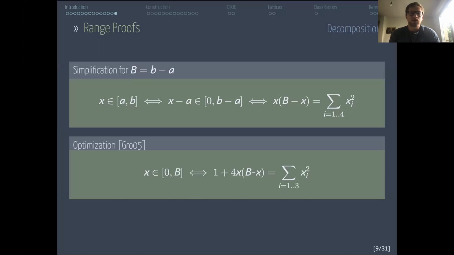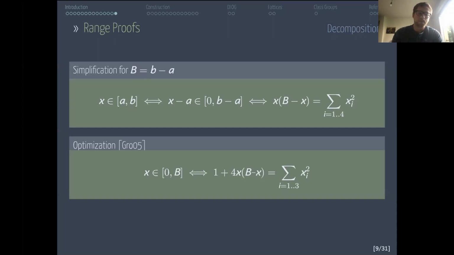And now there is one optimization, which was already used in a paper from Jens Groth in 2005 at AsiaCrypt, I think. First of all, we know from number theory that each integer that is equal to 1 mod 4 can be decomposed as a sum of 3 squares. Because of that, we can now use only 3 squares.